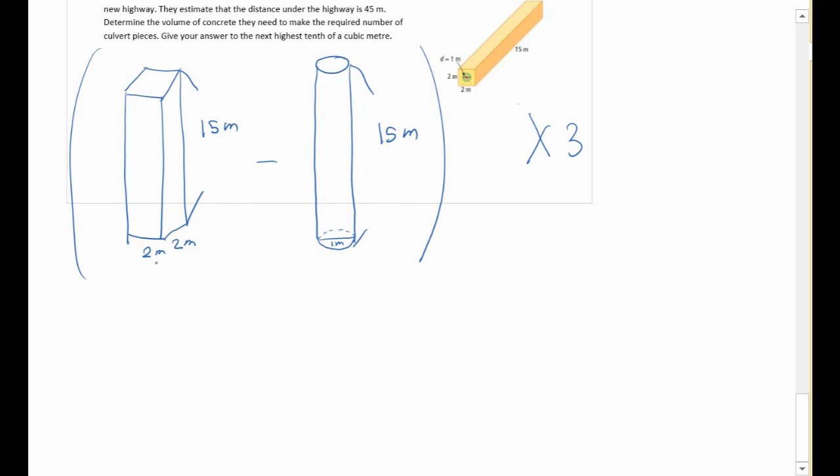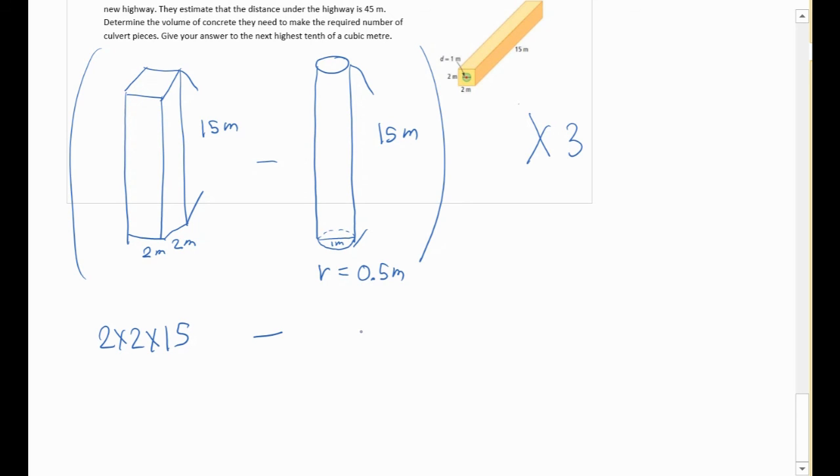Okay, so the length times the width times the height is the volume of the rectangular prism, minus, so everyone, the diameter is 1 meter. Then what is the radius? The radius is half of the diameter. So diameter is 1 meter, then the radius is 0.5 meter. Okay?